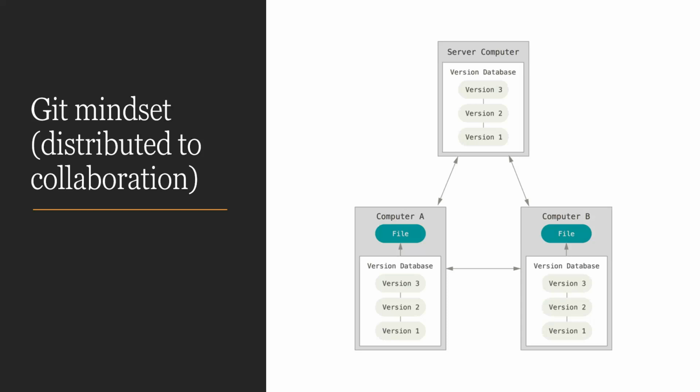And at some point, for these people to collaborate, they have to sync their repositories with this remote repository, which is kind of centralized in the sense that there is a place where people push and pull those versions. And once they sync with the centralized repository, they would have a full history.